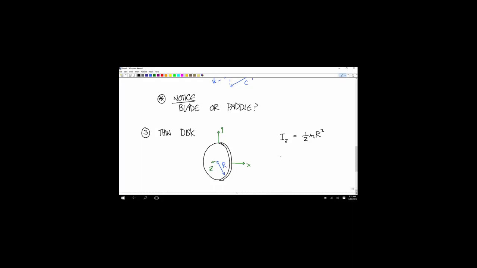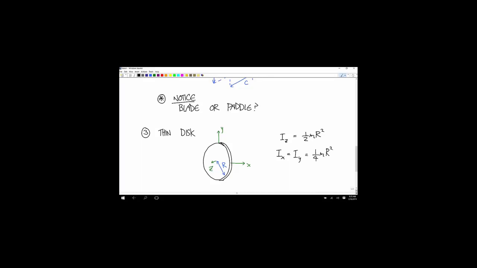And the other two, about the x-axis or about the y-axis, if you think about those rotations, it's the same thing because this disk is axisymmetric. And in that case, you get 1/4 m r squared.